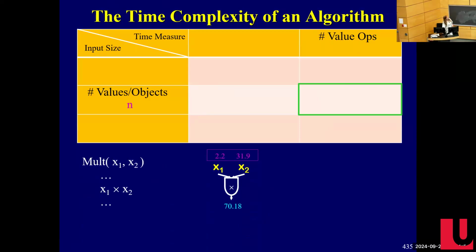All right, so here's another type of problem where the input consists of two integers or two real numbers, and your task is to multiply them, right?